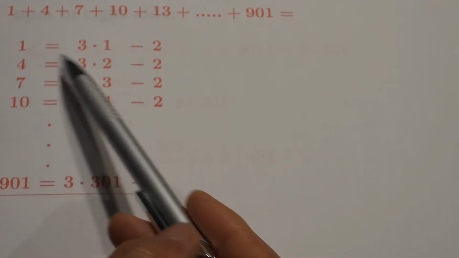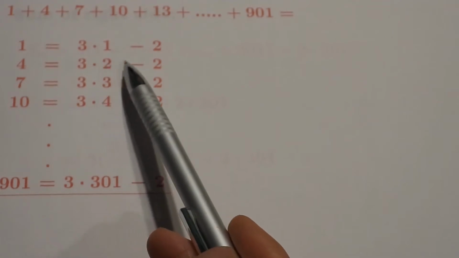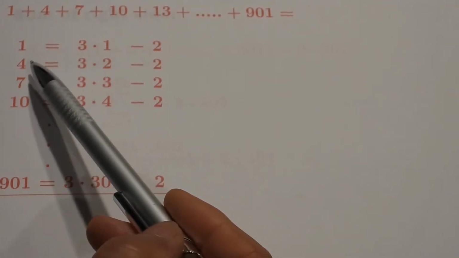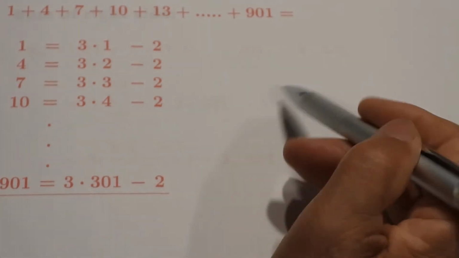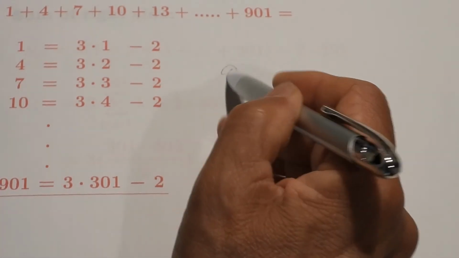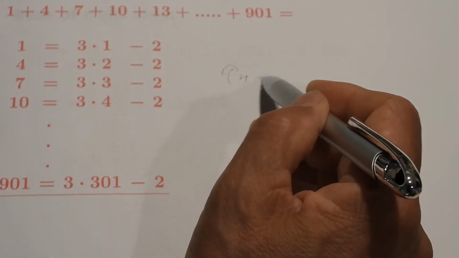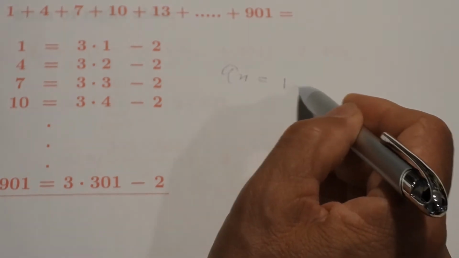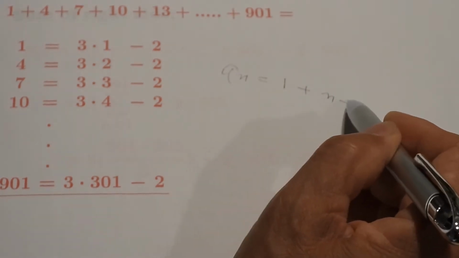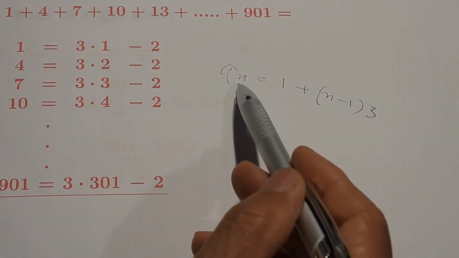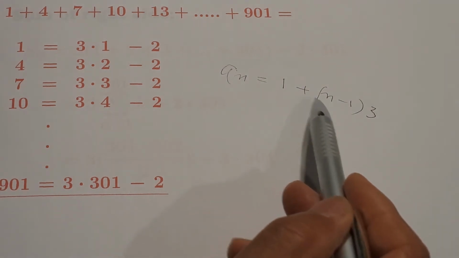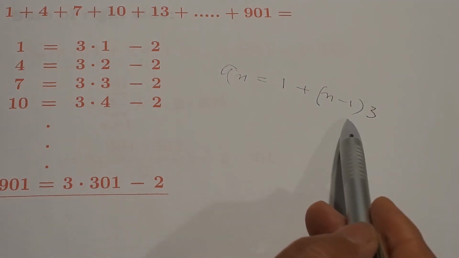The second one is 4: 3 times 2 minus 2 comes out 4. So when we have that, we write down the general term. The nth term is the first value plus n minus 1 times 3. Just before we saw the formula, right? The nth term will be the first value plus n minus 1 times 3.